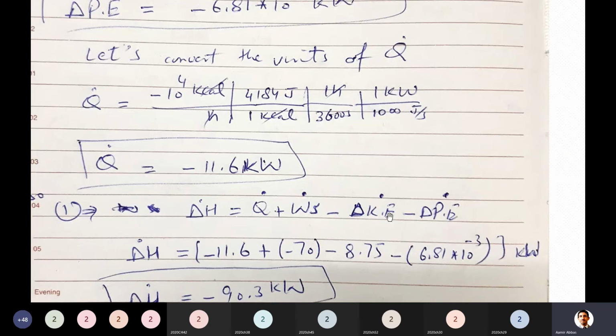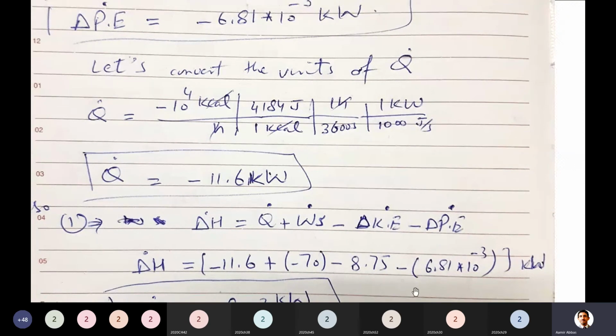This is minus of the formula and then this minus, so there is one extra minus here, so it will be minus times minus, it will become plus.